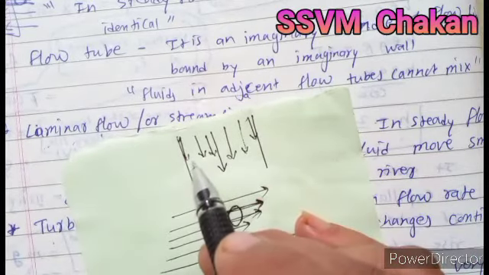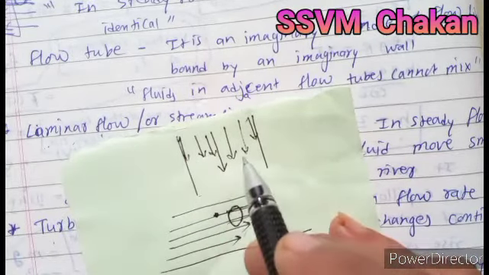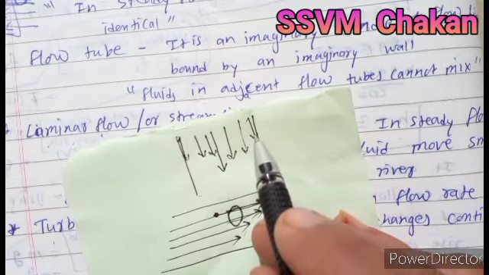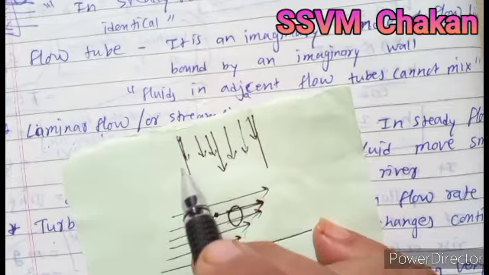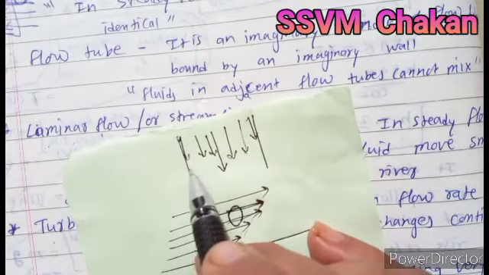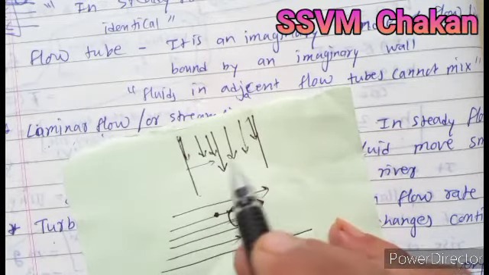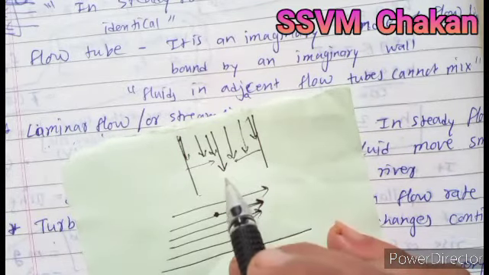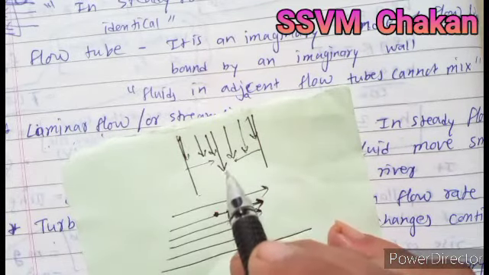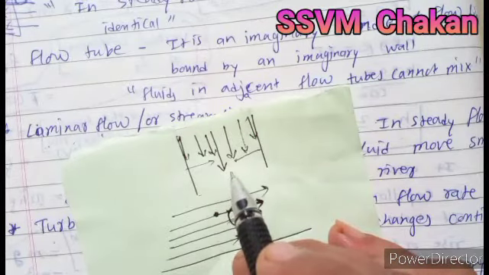The water near both sides of the river bank moves with slower velocity, and as we move from both side banks towards the center of the river, the velocity of each layer goes on increasing and the central layer moves with the highest velocity.